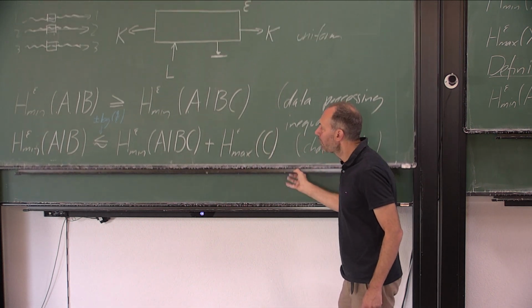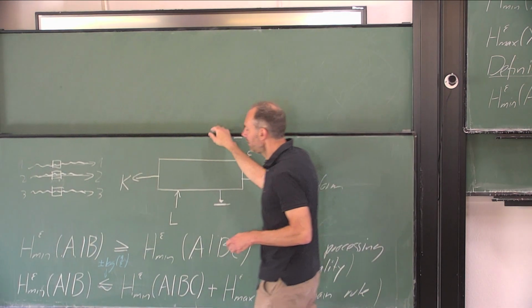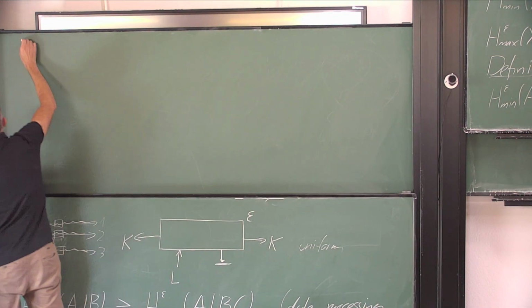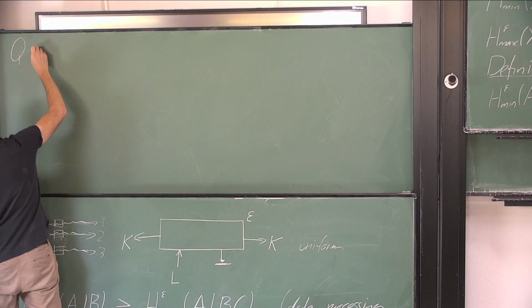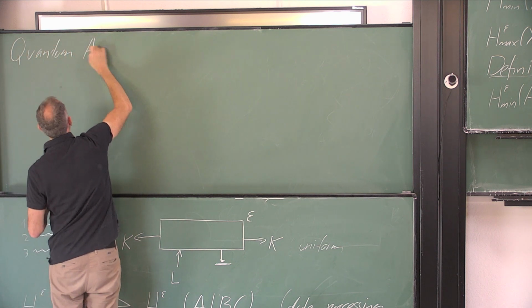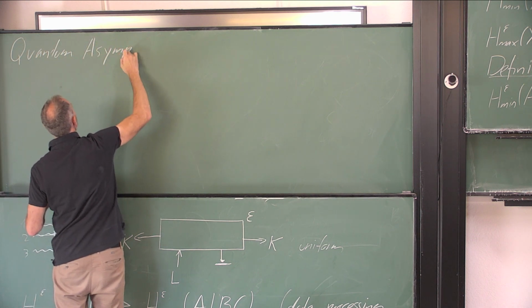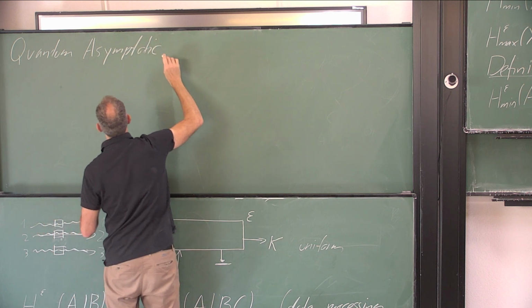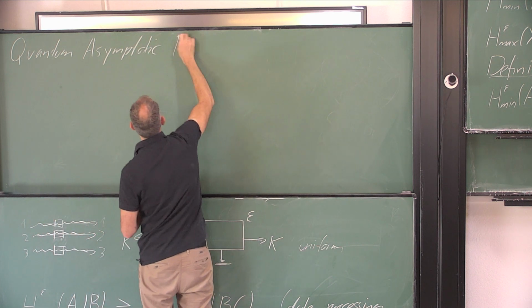Okay, now the last property I need to state is what is called the quantum asymptotic equipartition property.